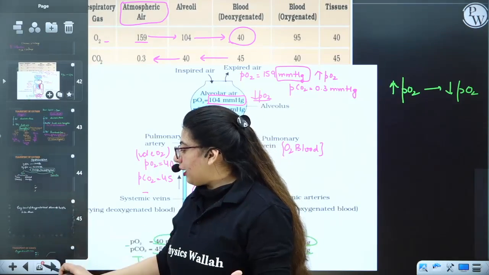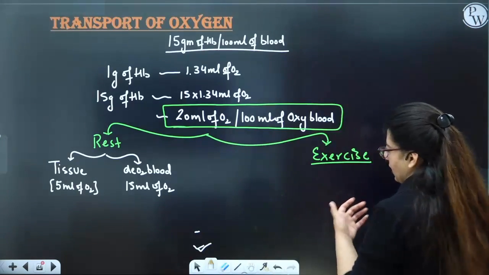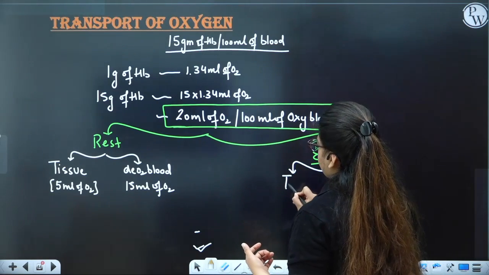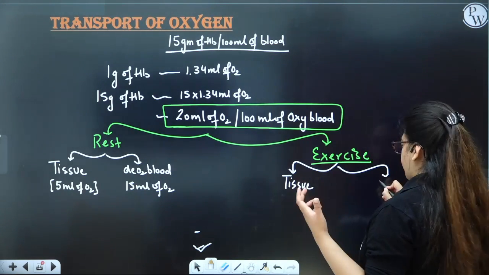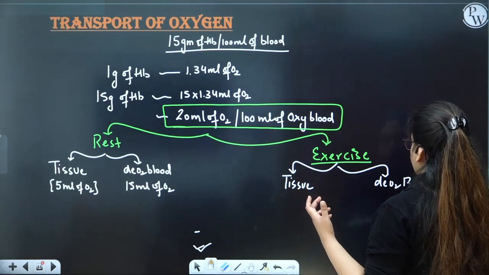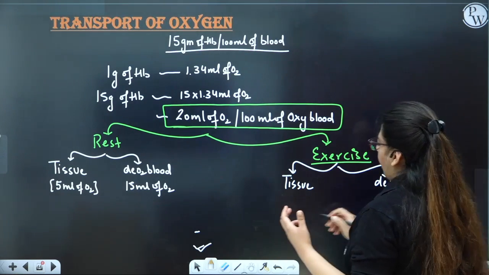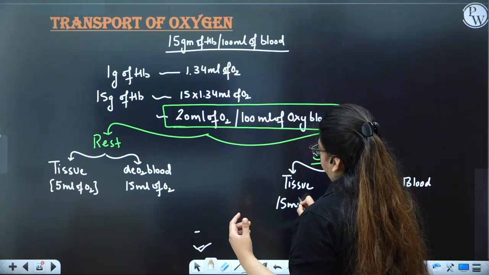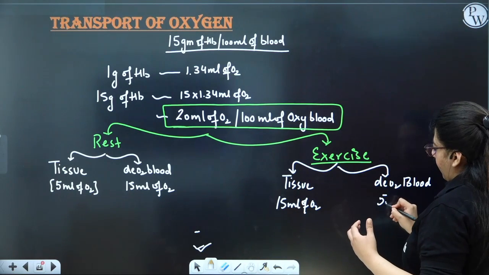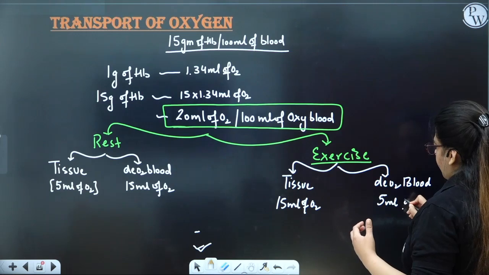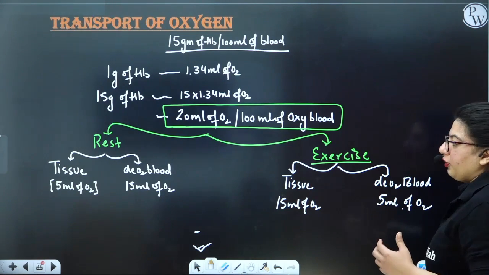The reverse will take place when a person is doing exercise. That is the point where the tissues are working so much, so tissues will require more oxygen. So 15 ml of oxygen will go to the tissues and 5 ml will become part of your deoxygenated blood.